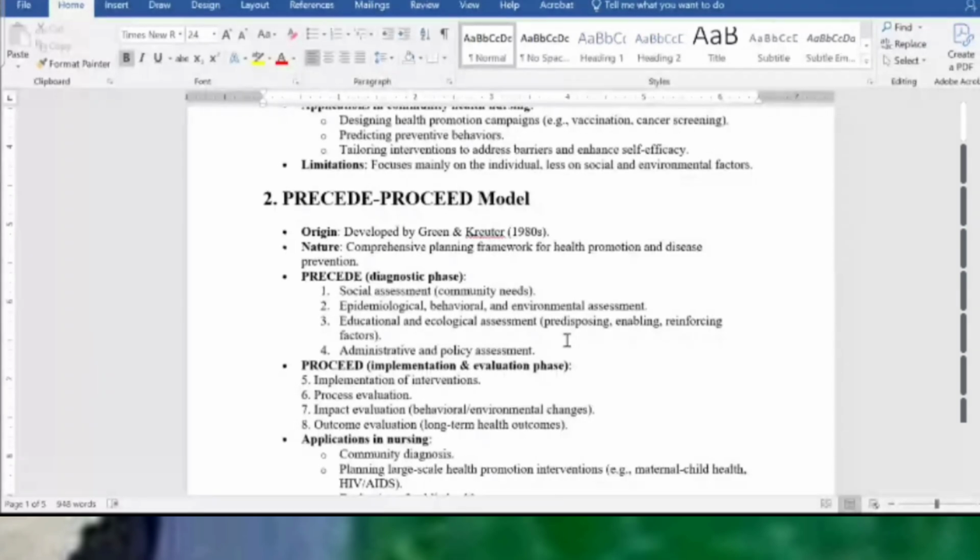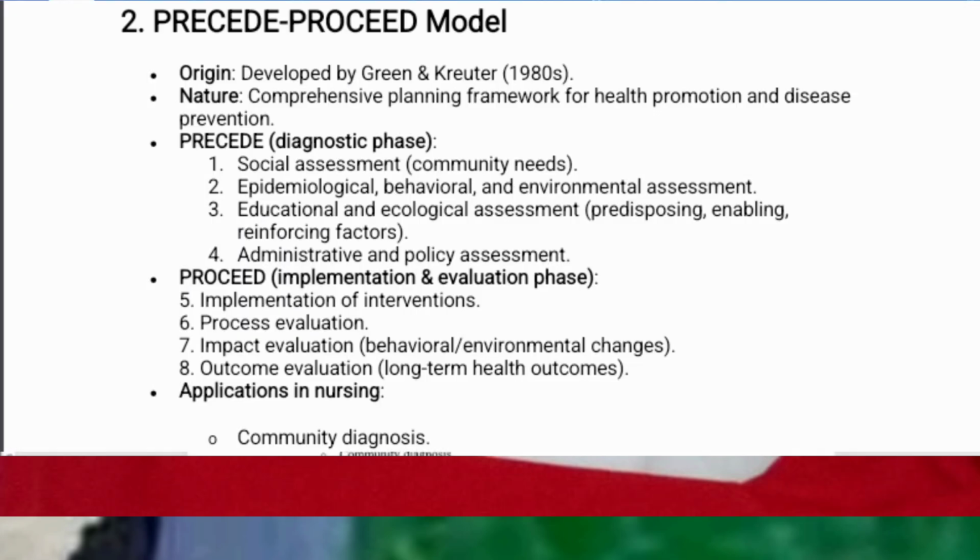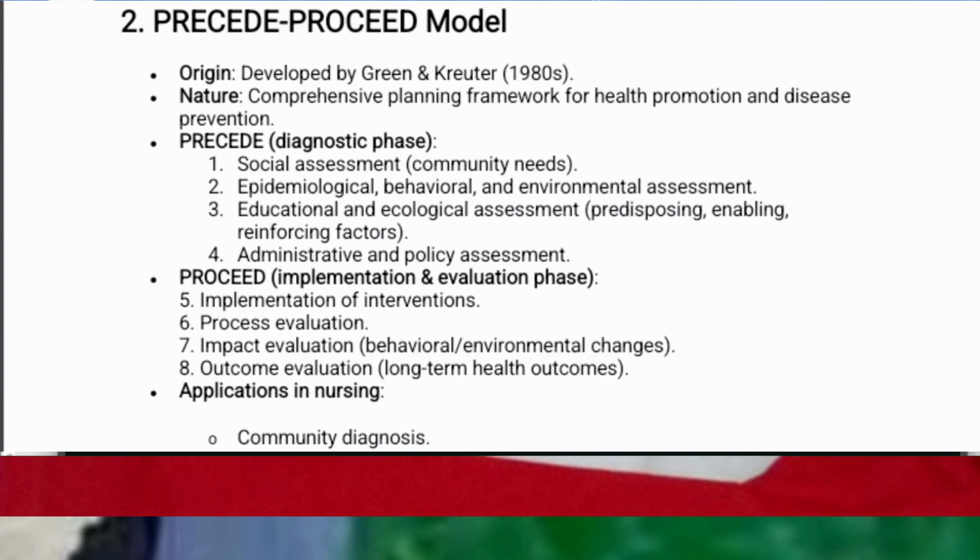Then we look at the administrative and policy assessment: we evaluate the existing administrative and regulatory measures and policies in place, and whether policy resources are available to support the program. Then we move to PROCEED, the implementation and evaluation phase.